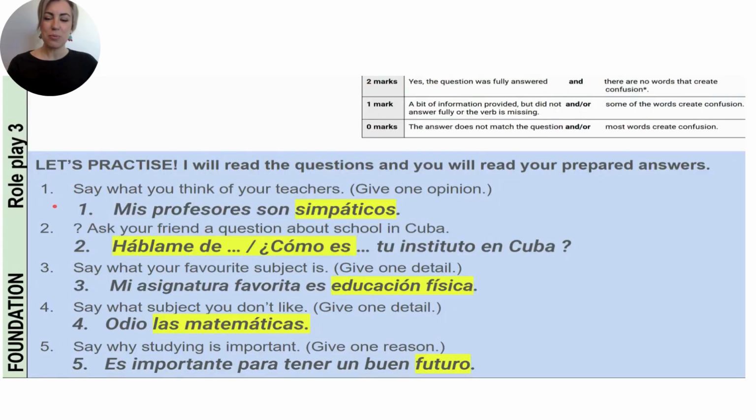¿Te gustan tus profesores? ¿Tienes una pregunta para mí? Sí, es genial. ¿Cuál es tu asignatura favorita?